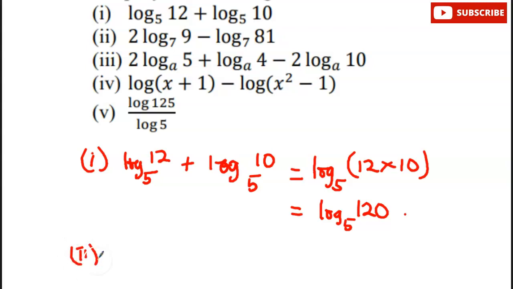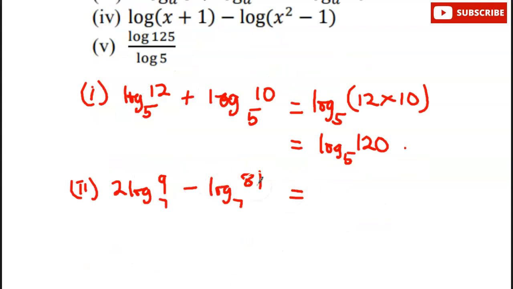The second one, 2 log 9 to the base 7 minus log 81 to the base 7. So this is the same as, now per the power law, we can bring this 2 up. So we have log to the base 7 of 9 to the power 2 minus log 81 to the base 7.